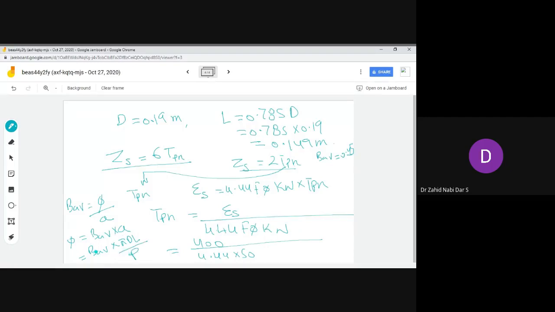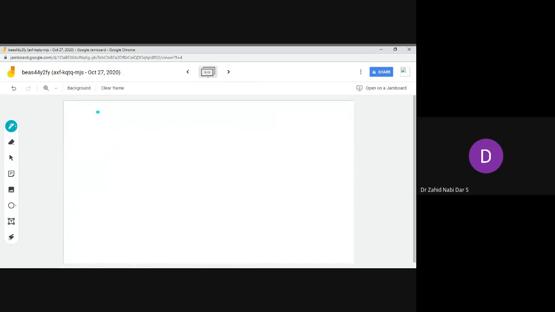So the maximum flux per pole would be Bav into pi D L divided by P. So the D value you have, the L value you have, Bav you have, 0.45 into pi divided by 4 into D into L. This you can write as 0.785.